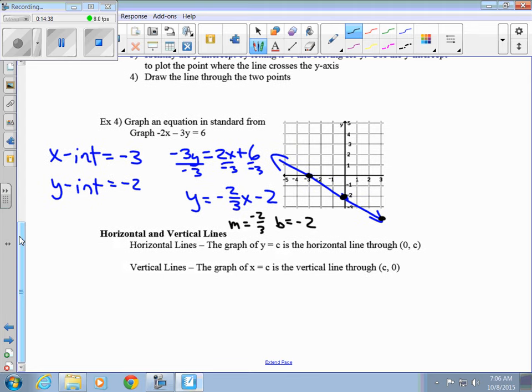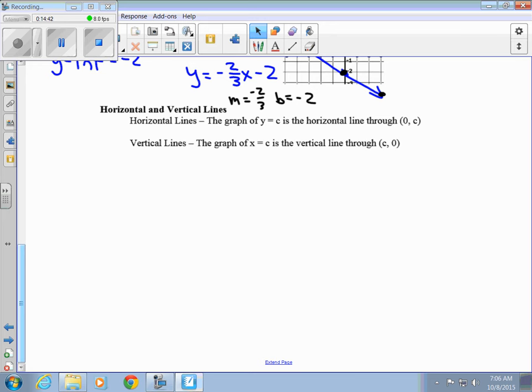Next, we're going to talk about horizontal and vertical lines. And this is something that a lot of students struggle with, remembering which one is which. So if you need to know that, write it on your note card, help you out. So the horizontal line is y equals any number. Okay? Y equals any number. So if I have y equals 3, it's a horizontal line through 3.